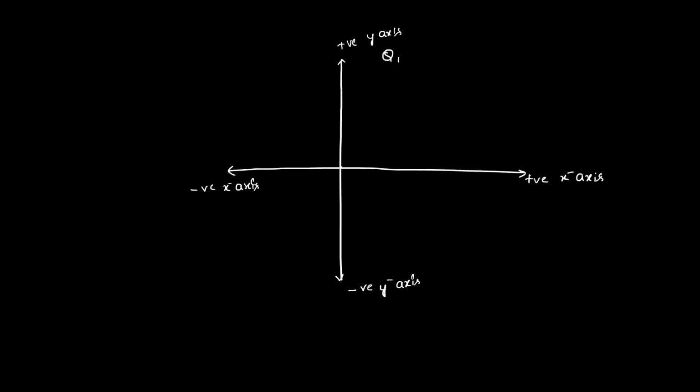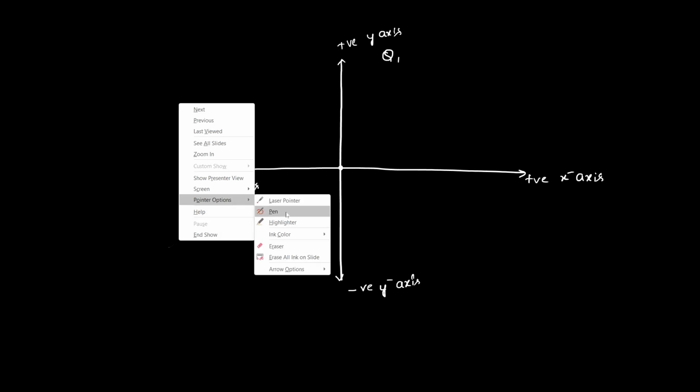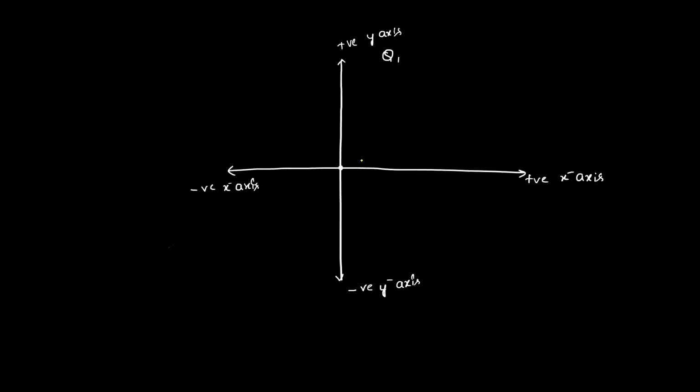When we are talking about trigonometric ratios in the first quadrant, we will describe them with the help of a triangle. Now take a triangle here in the first quadrant, because we know that sine theta and all trigonometric ratios are only defined for a right angle triangle.